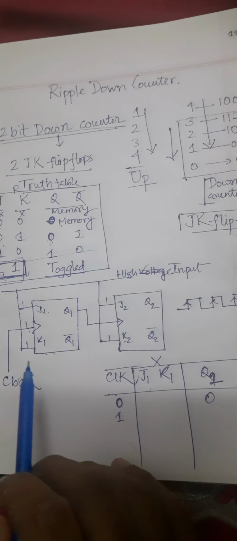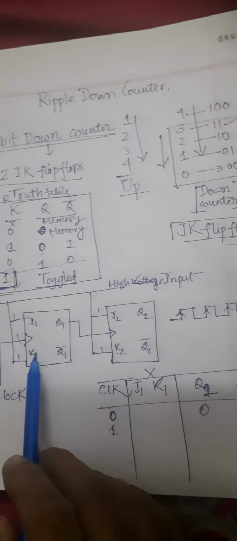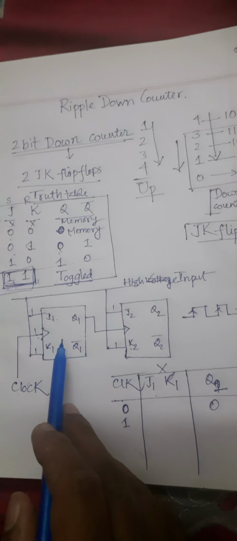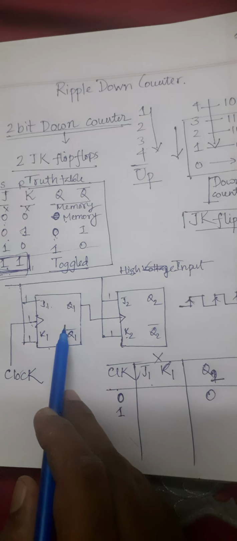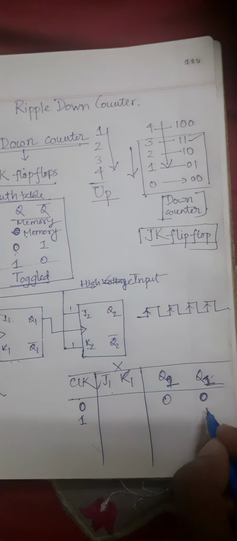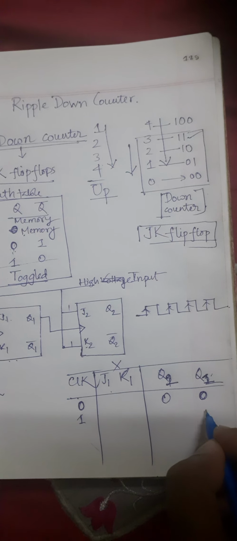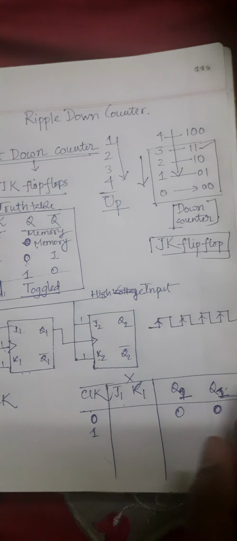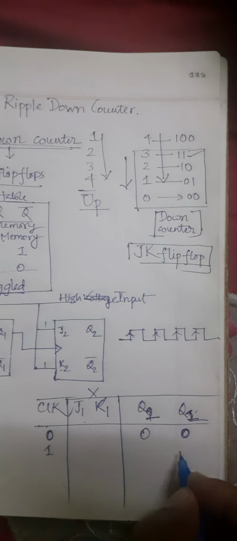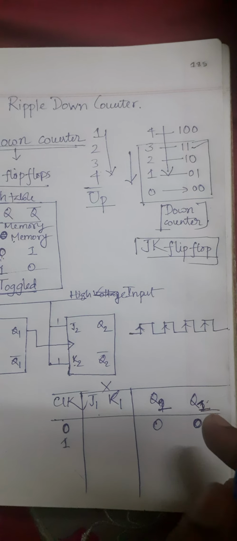So the previous value of q1. What was the previous value of q1? Can you tell? From this table it is evident that the previous value of q1 was 0.